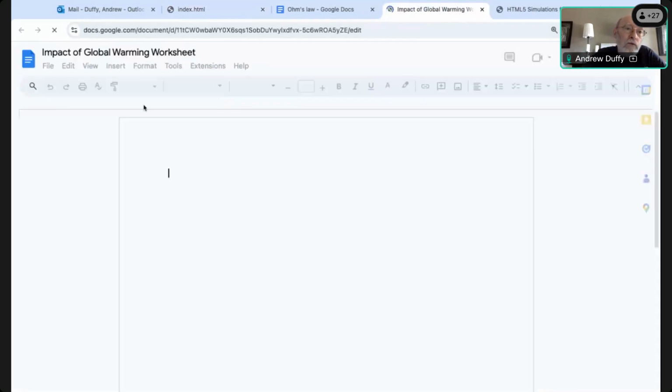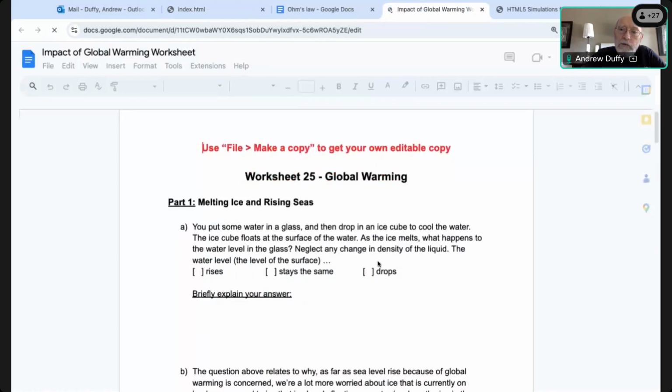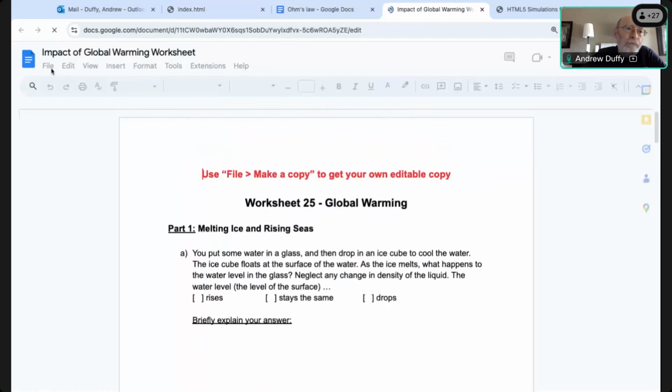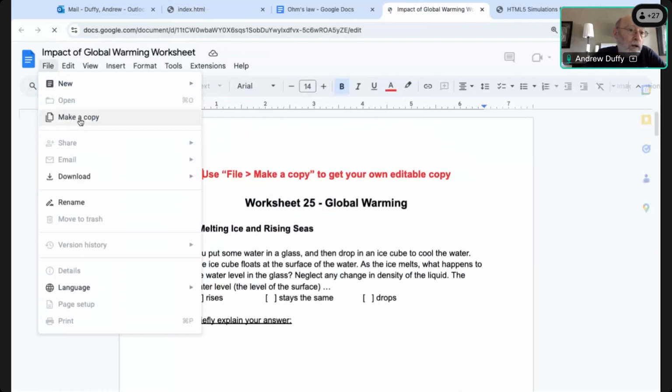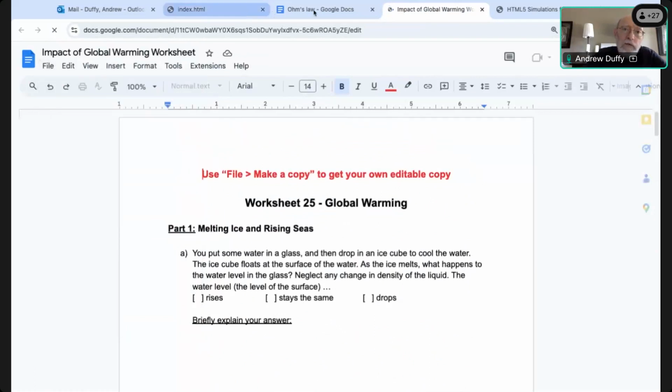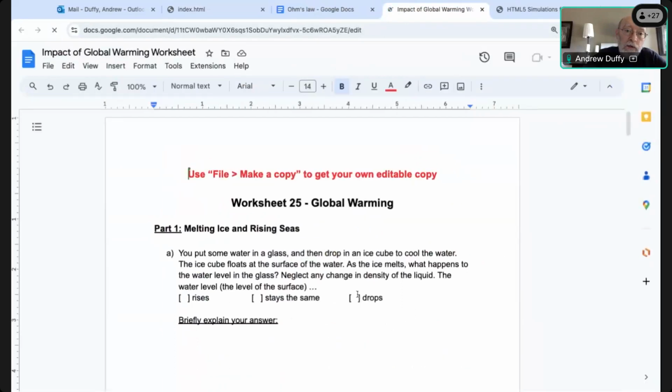When you get there, you will find File, Make a Copy is available to you. If you find it doesn't, just open it in a tab, and you will be able to get that whole packet. And I think it's a very nice packet to talk about.